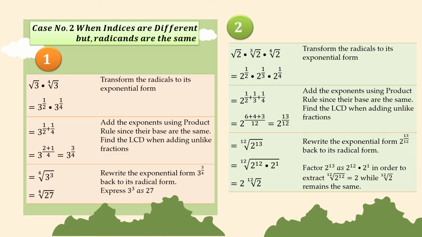As much as possible. Since the exponent of base 2 is greater than the index, pwede siya ma-factor ang 2 exponent 13 as 2 exponent 12 times 2 exponent 1. We factor 2 exponent 13 as 2 exponent 12 times 2 exponent 1 in order to extract the 12th root of base 2 exponent 12. Di ba makancel man ang 12 ug 12?